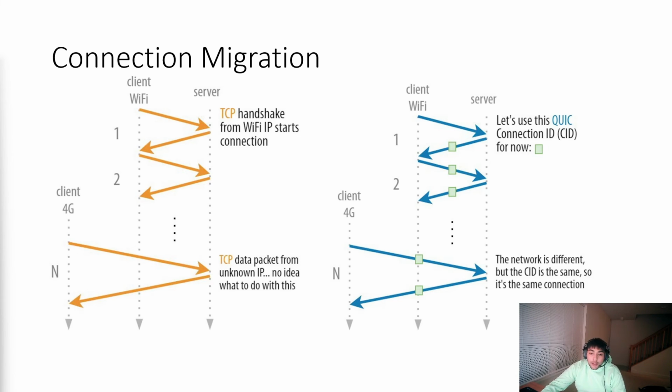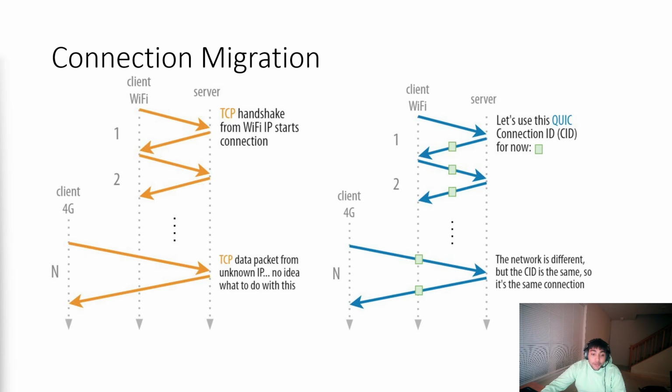So what QUIC does instead is it will use what are called connection IDs. So each connection ID is not just the IPs, it's also a unique number. And then when you move between networks, it will keep this connection ID the same. Because we can keep that constant, even though the IP and ports changed from switching from Wi-Fi to cellular or vice versa, the connection ID is exactly the same.